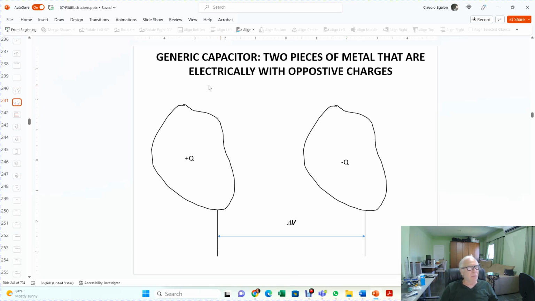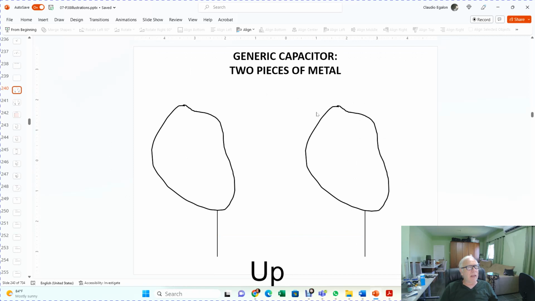Going back to the generic capacitor, what you saw here is a generic capacitor that is uncharged. It has no charge whatsoever. It's still considered a capacitor. It still has some capacitance associated with it, but it does not have any energy because it is uncharged.